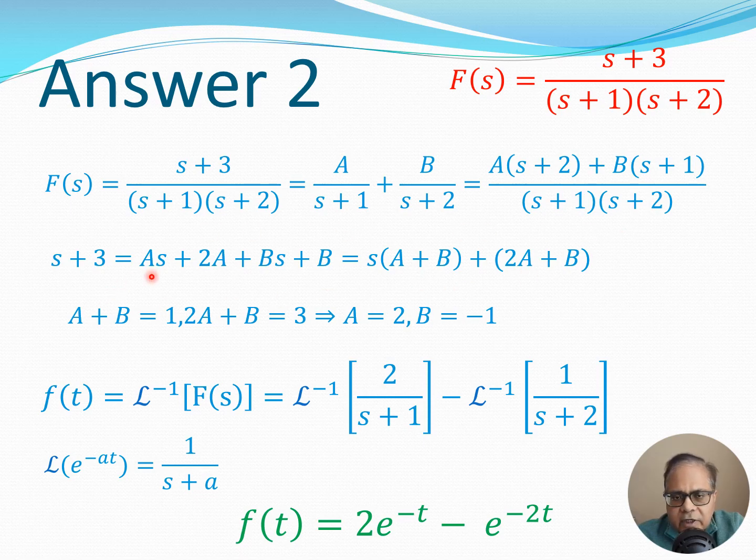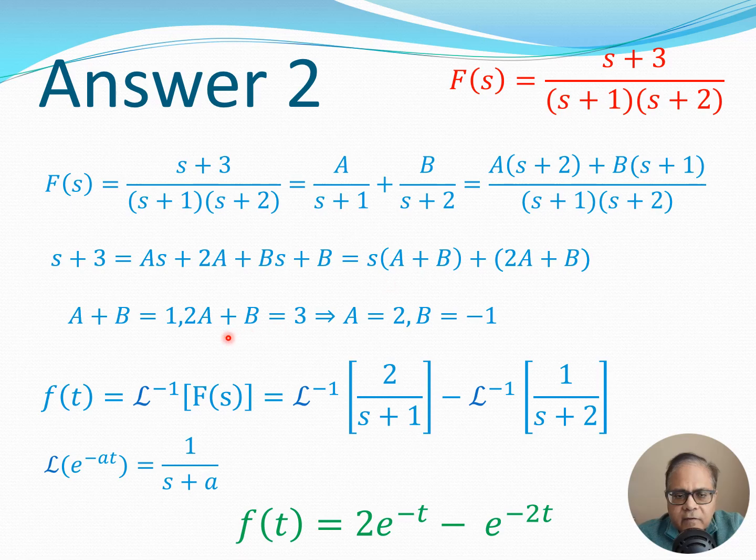So on the right hand side I get as plus 2a plus bs plus b, where I have simply expanded this numerator out. Now I can write it as a term involving s and a constant. If we take the coefficients of s, we will see that there is a plus b. So this is going to become s into a plus b plus 2a plus b. Now I can equate the coefficients of s.